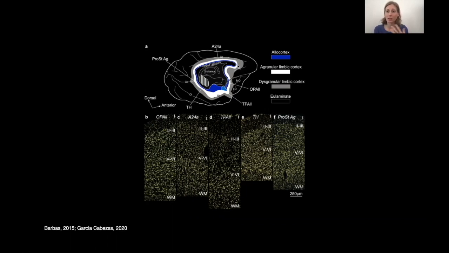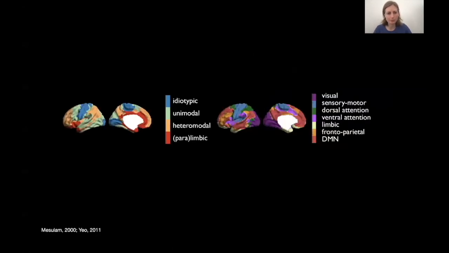And this tells us something about its connections and also its development, its ontogeny and phylogeny, and that it also helps us understand differences from plasticity to stability, for example. So it says that structure is key, and these different cortical types can help us understand stuff about how the brain is organized and behaves.